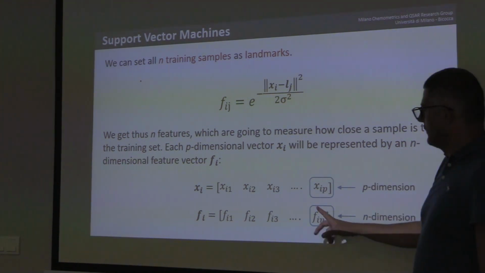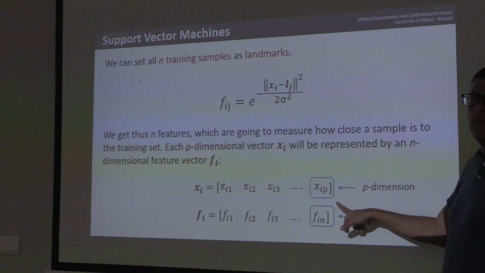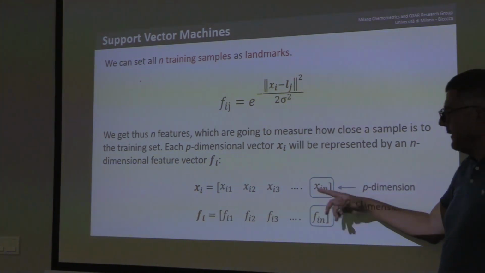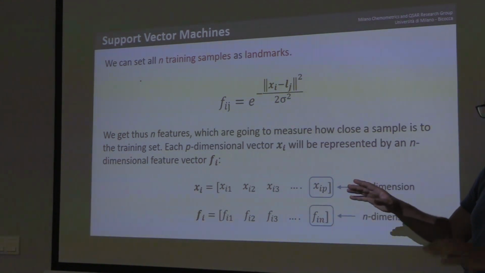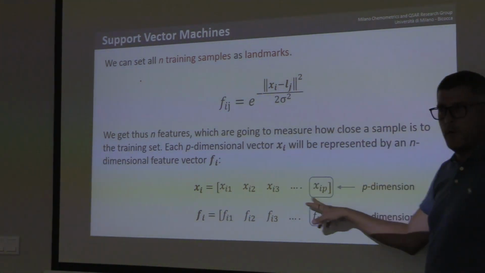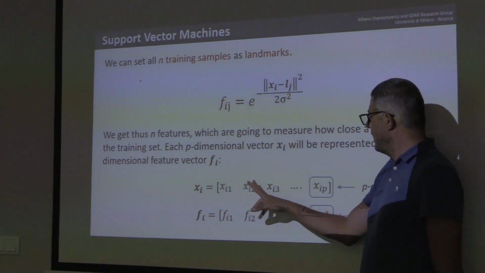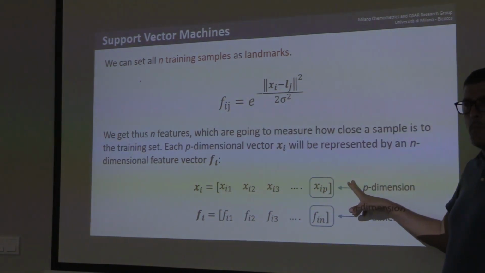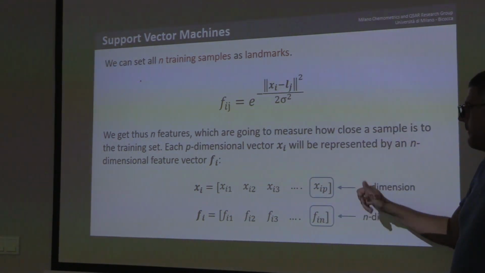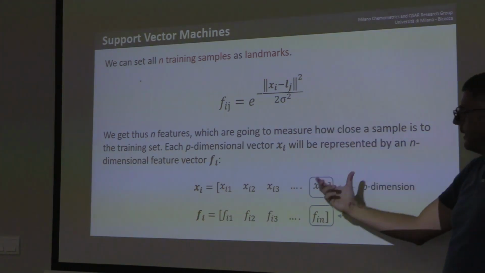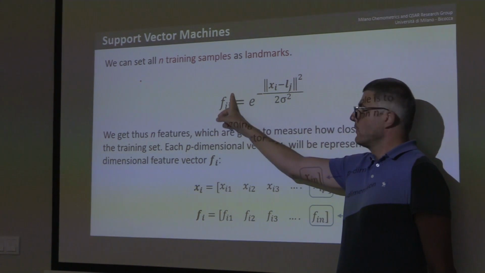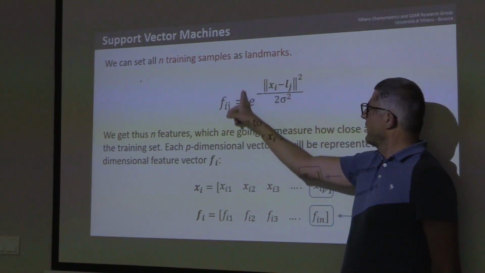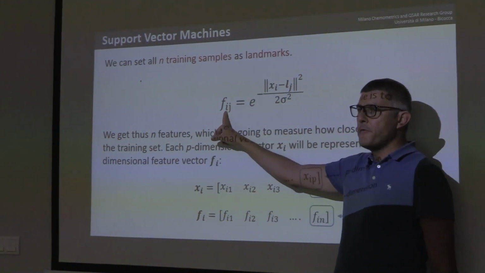So for example, this is my generic sample. Let's say it's a spectra. You are all familiar with spectra. So it's a Raman spectra. So this is a signal, you have measured in all the points. But when you use kernels, then you calculate the distance, the similarity, for example, on the basis of a Gaussian kernel with respect to all the training samples.